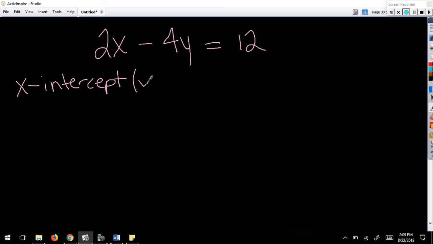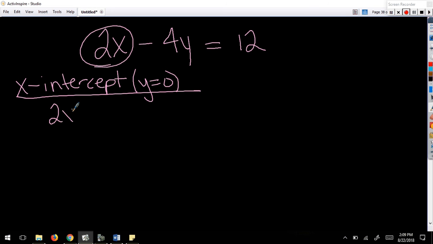For y. So that means 2x equals 12. Does everybody agree with that? How do you solve that for x? Divide by 2? What do you get? 6.